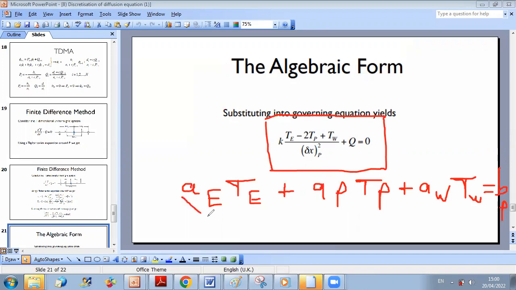What is a east here? What is the coefficient of T east? K over delta x square. This is a east. Okay, and AP.